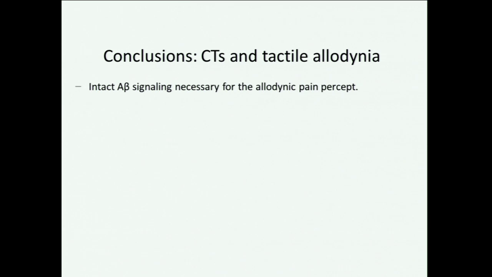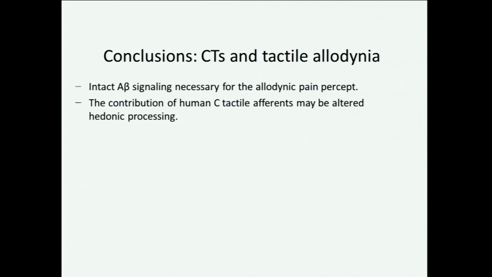So what we conclude is that, at least based on these two patients, GL and IW, the A-beta signaling seems necessary for the allodynic percept. But there might be a role of human C-tactile afferents as well. And they may change their role from signaling pleasantness to perhaps contribute to the allodynic sensation.